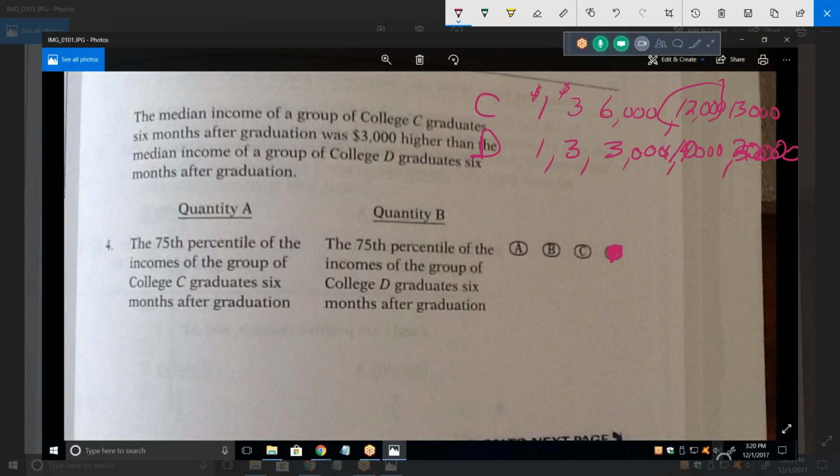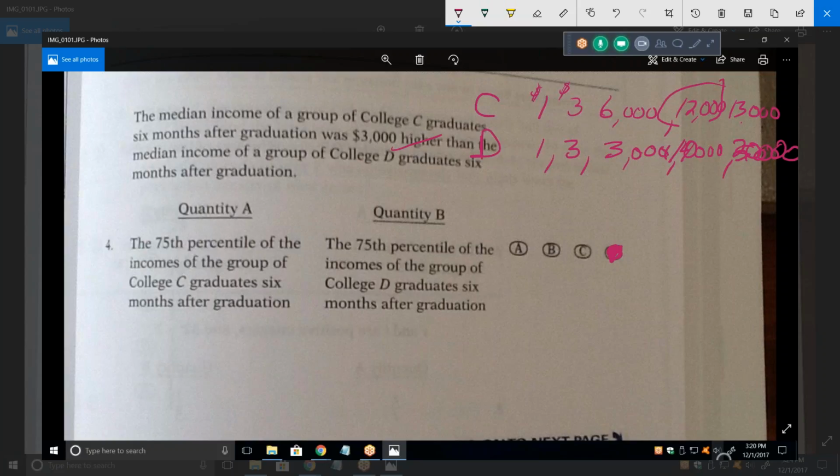And that's unexpected. You would expect C to be higher, merely because their median was higher. So the moment I disprove it, I'm actually ready to go on to the next question. I don't really have to come up with the second condition that proves that C is the higher.